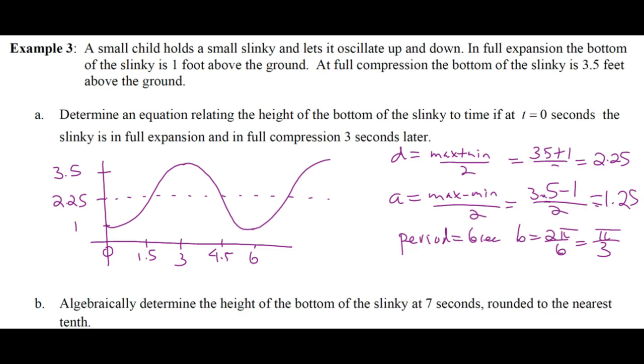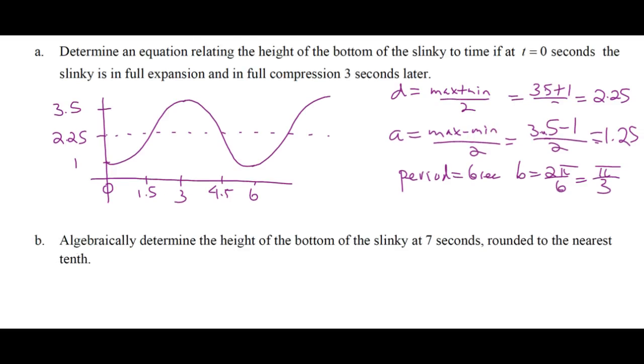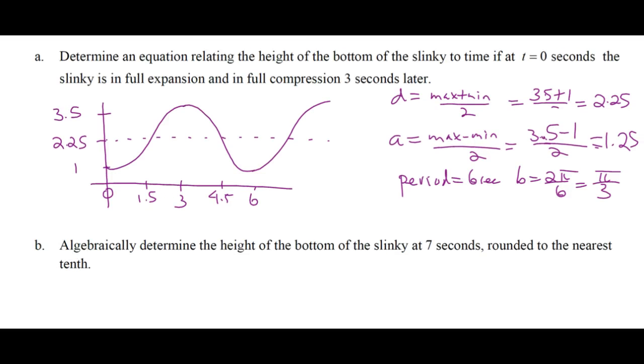Algebraically determine the height of the bottom of the slinky at 7 seconds. Oh, we need an equation, right? Determine an equation. What kind of equation would you like? I'll take a cosine. What kind of cosine? A reflected cosine. Look for an equation that doesn't have a phase shift. In this case, it's starting at the bottom, so that would be a reflected cosine.